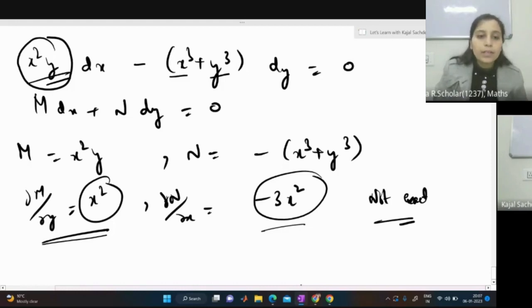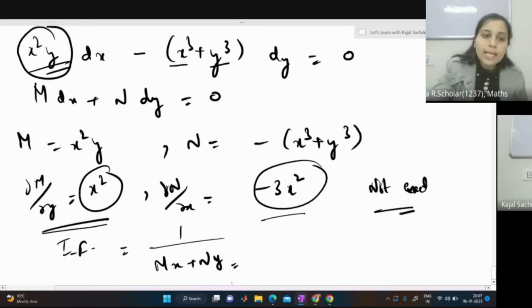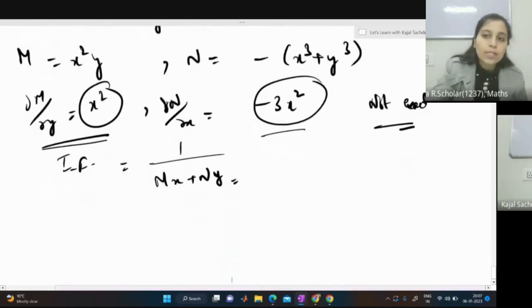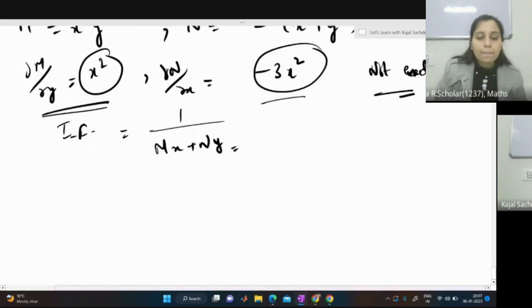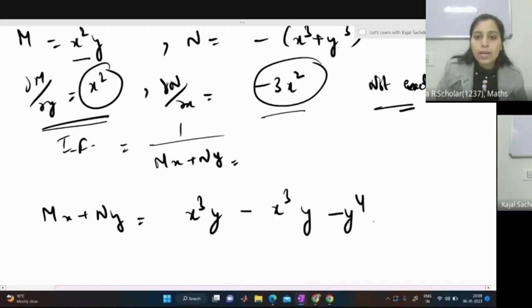So let's have another rule, number 3. In this rule, we have the integrating factor equal to 1 upon Mx plus Ny, if this is not equal to 0. So let's find Mx plus Ny. M is x²y and N is −(x³ + y³). So M into x, plus N into y: x³y minus x³y minus y⁴.